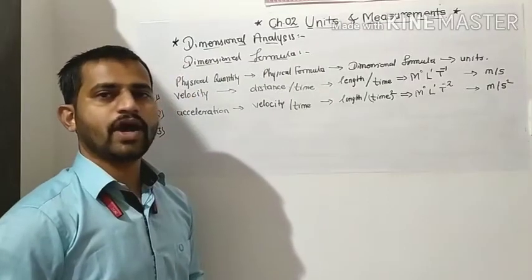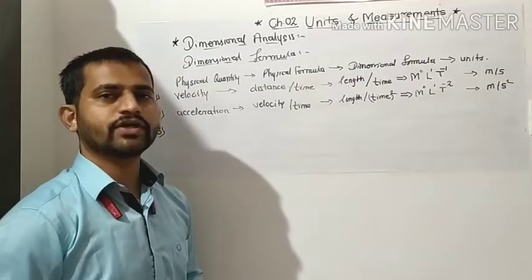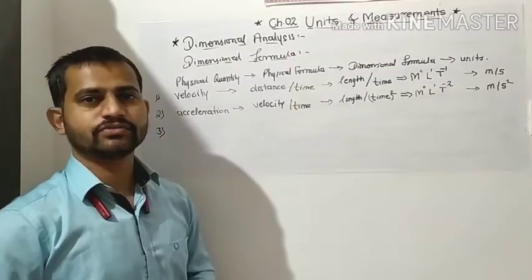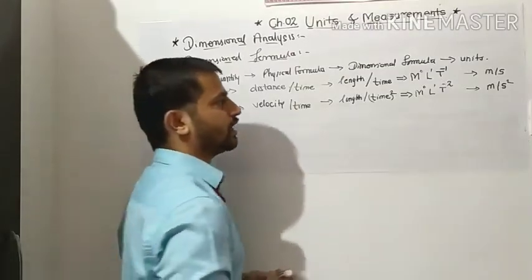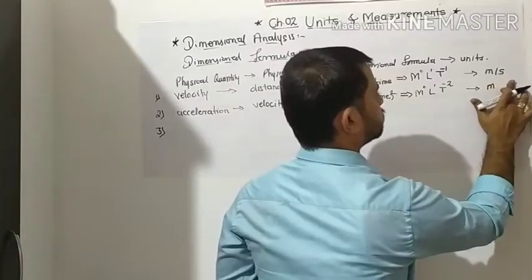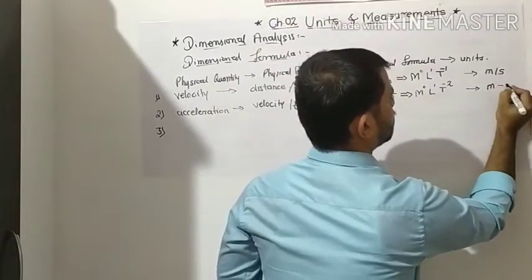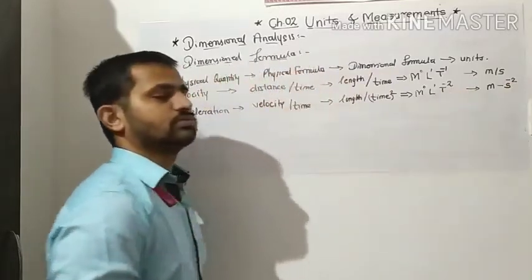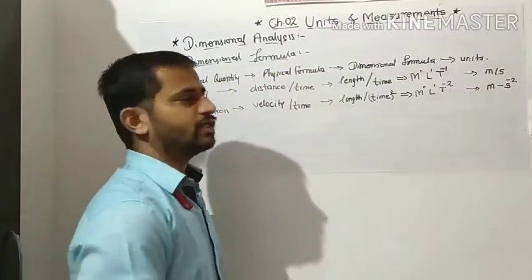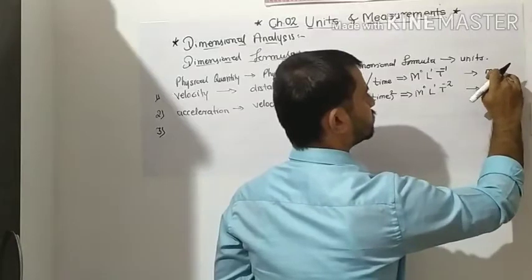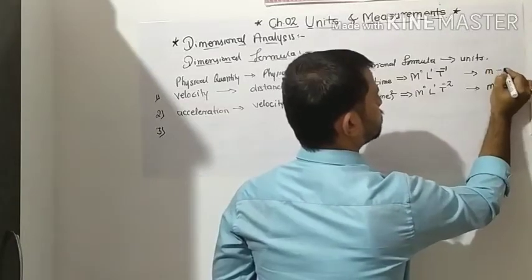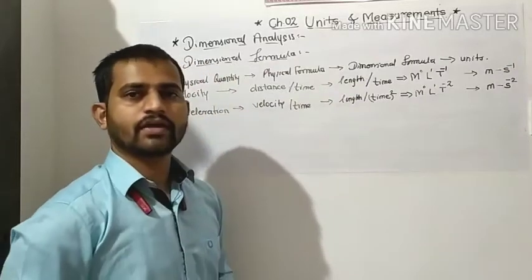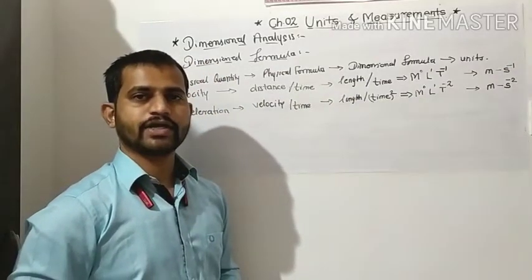Understand why it is meter per second square, or we can write it as meter second raised to minus 2, because here is the minus 2. And in terms of the velocity, you can write it as meter second raised to minus 1.